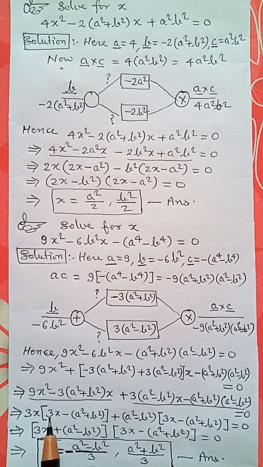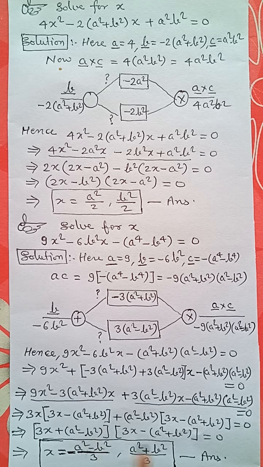Now this expression is a common factor of both the terms. Therefore taking it outside, (3x − (a² + b²)). Outside we have (3x + (a² − b²)).